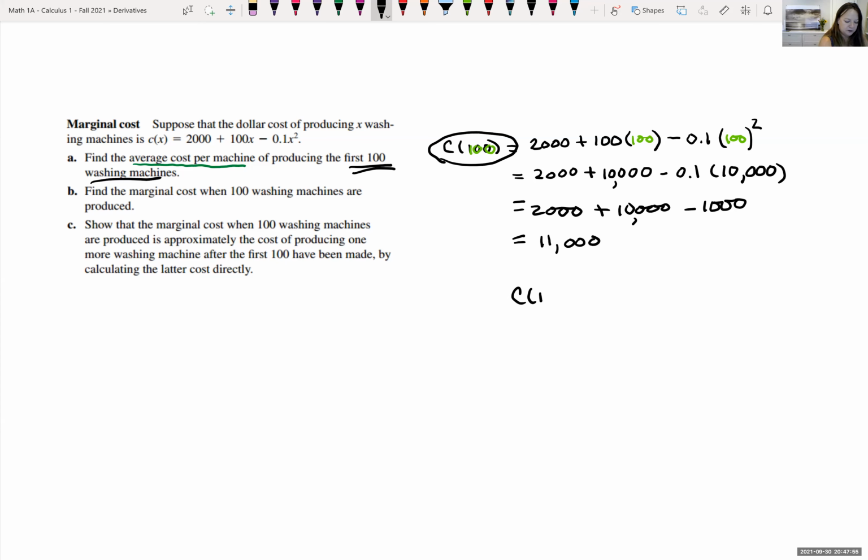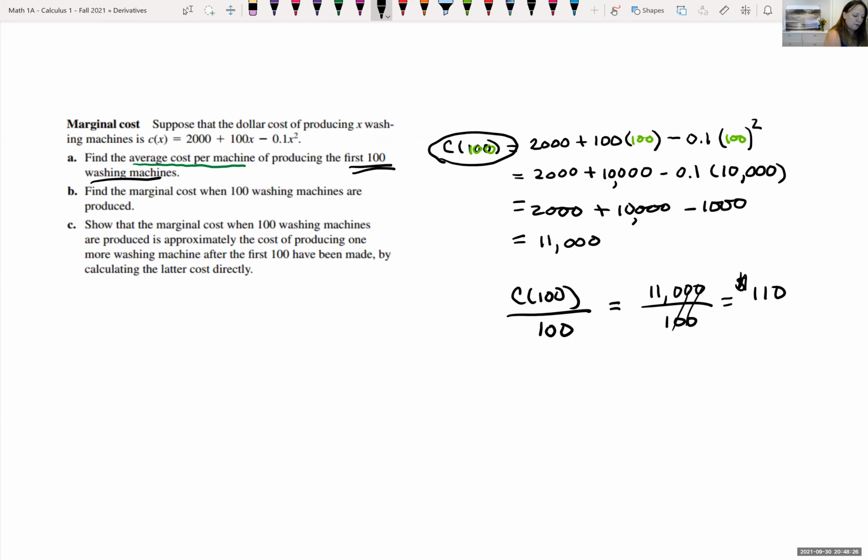So C of 100 divided by the 100 machines. C of 100 that we found was 11,000, divided by 100. This is going to give me $110. So that's the average cost of producing each machine, for 100 machines.